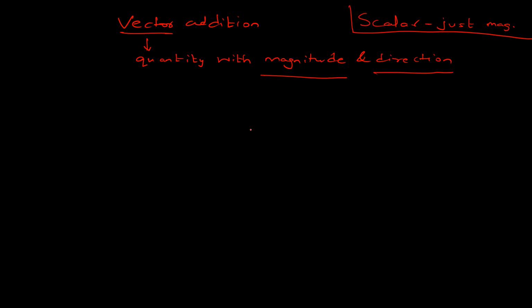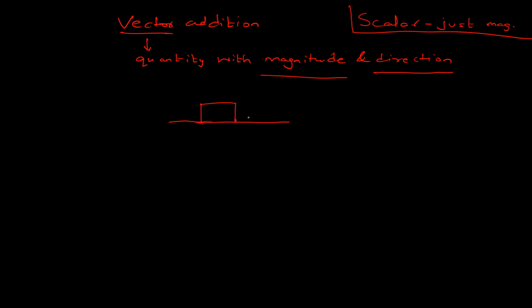For instance, let's say we have a box. We have a box lying on the floor. If I ask you to move the box, the first question that you're going to ask me is, in what direction?